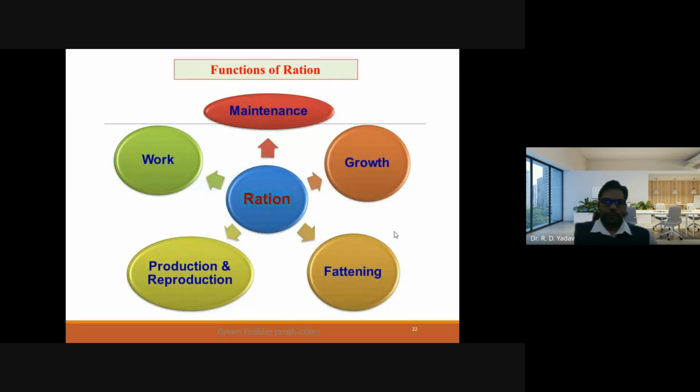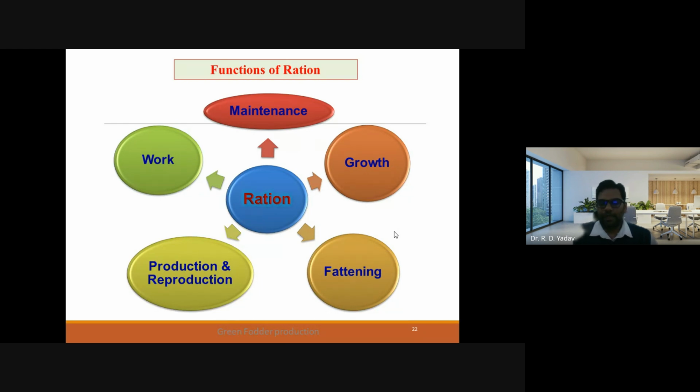So what are the functions of the ration? Basically, a ration has 5 functions. It is used for the maintenance of the animal, so the maintenance requirement is fulfilled. Then it is used for growth.